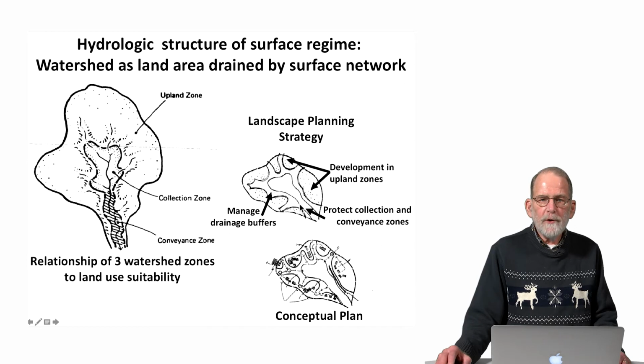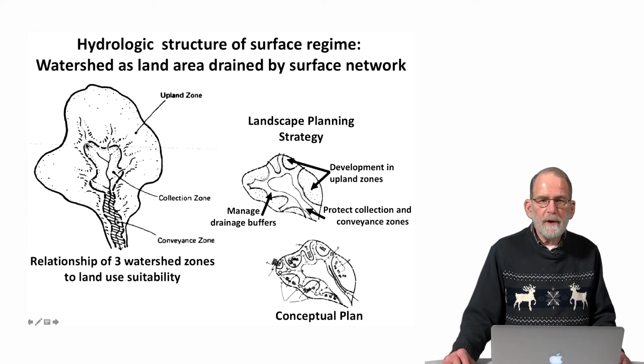Similarly, we also want to manage the drainage buffers. We can see in the diagram on the left, we have some headwater streams here that are moving up into the upland area. What we want to try to do then is to manage the buffer regions of the collection zone and the buffer region of the stream zones moving into the upland zone.